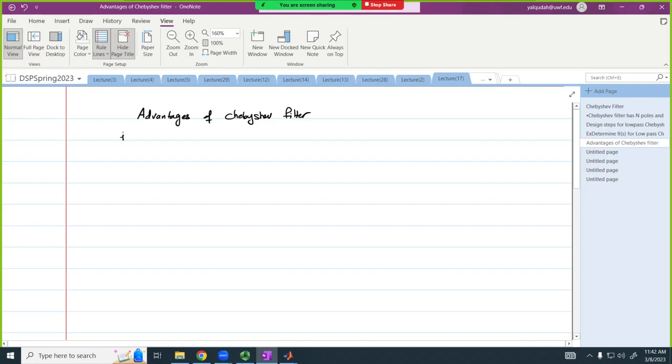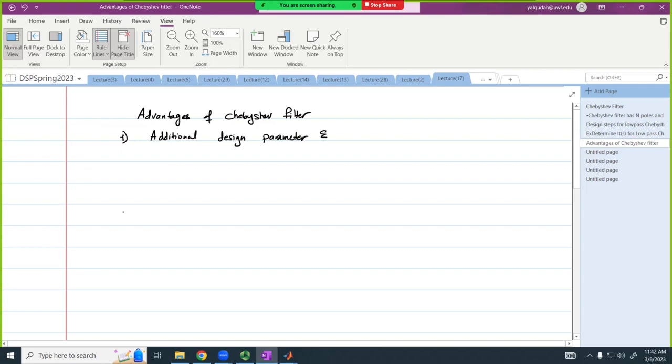It's more efficient. So the first advantage is we have an additional design parameter, which was the epsilon.